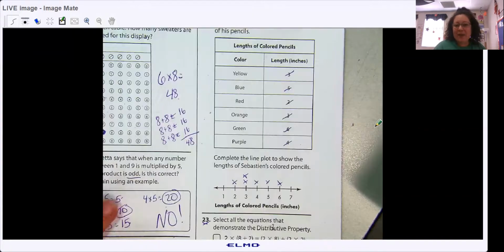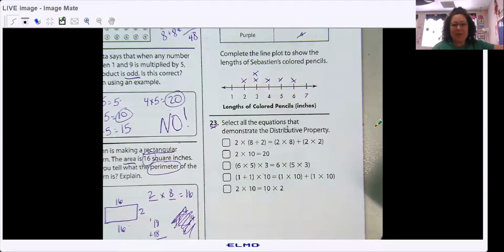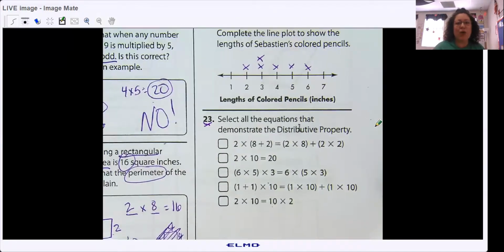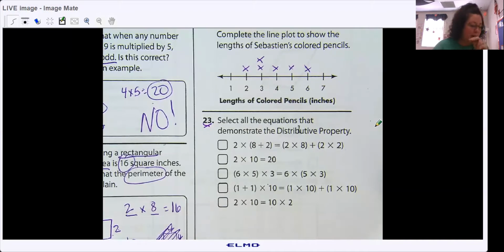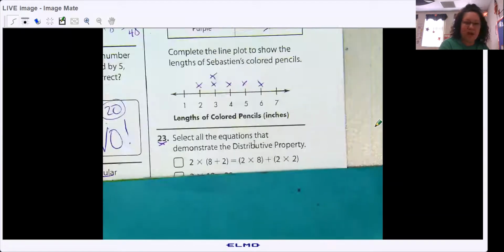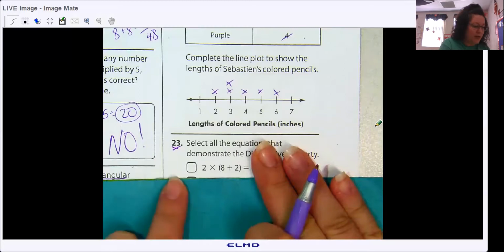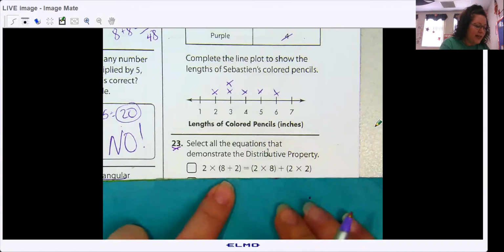Oh boy, distributive property, it never goes away. Remember, with distributive property, we're only breaking apart one number. So let's look. There's a lot of numbers to look at. Sometimes I like to cover up so I can just focus on one thing at a time. Okay, so the problem is 2 times 8 plus 2. Did they split apart?